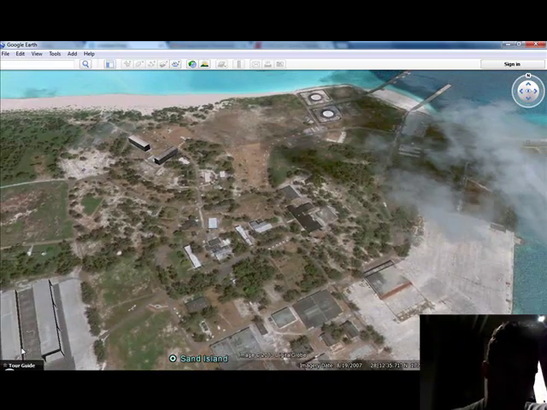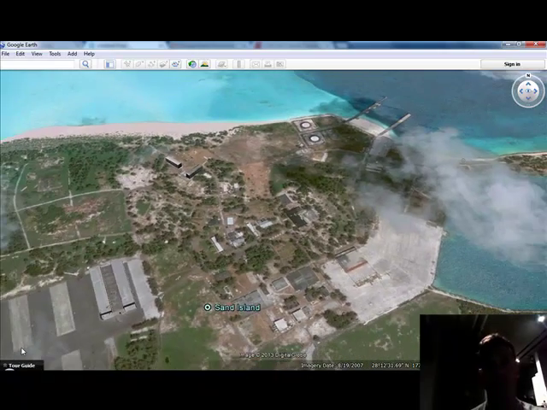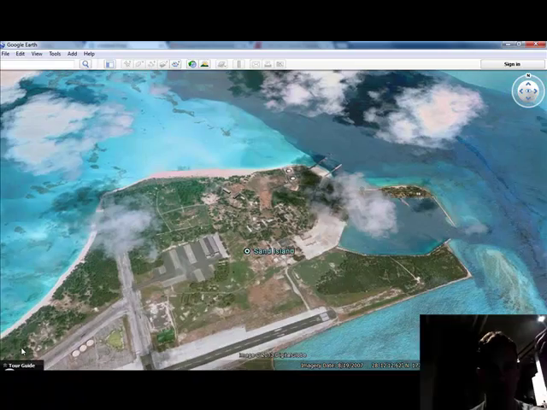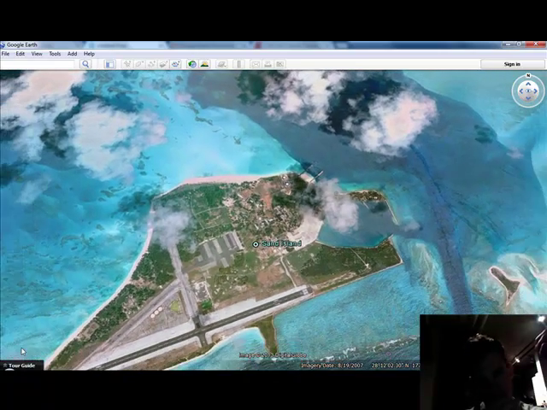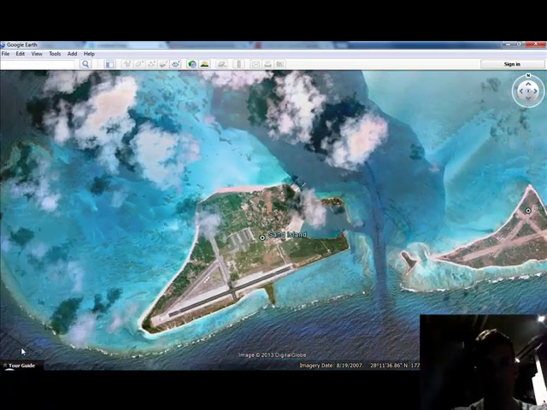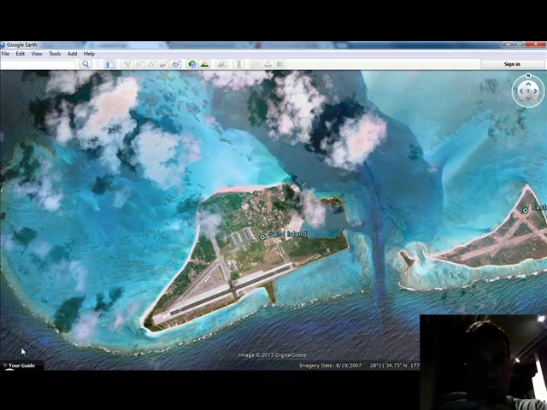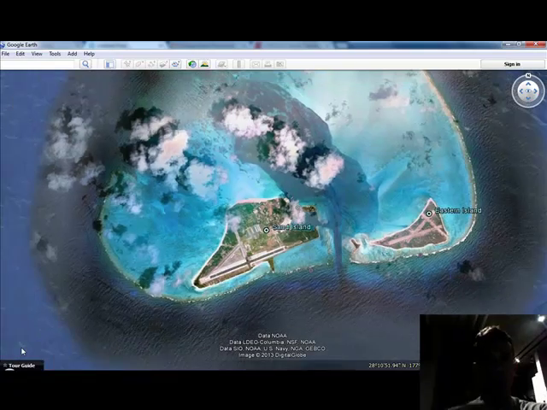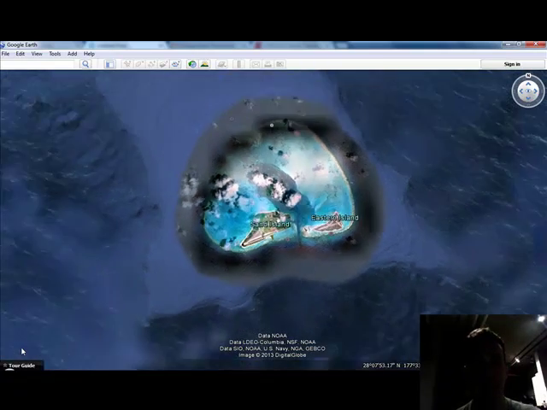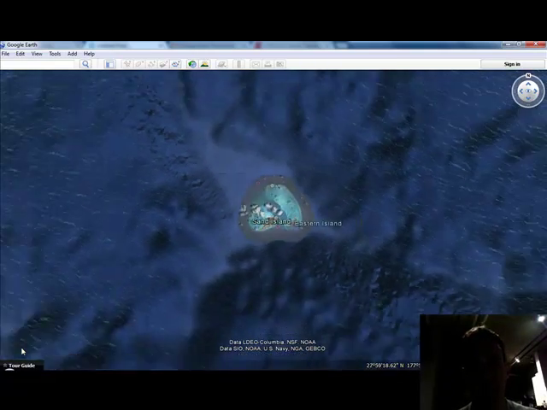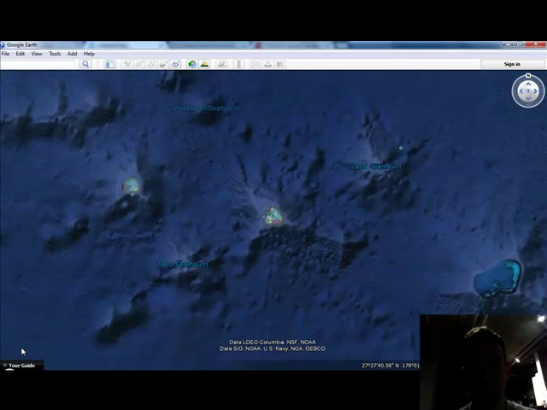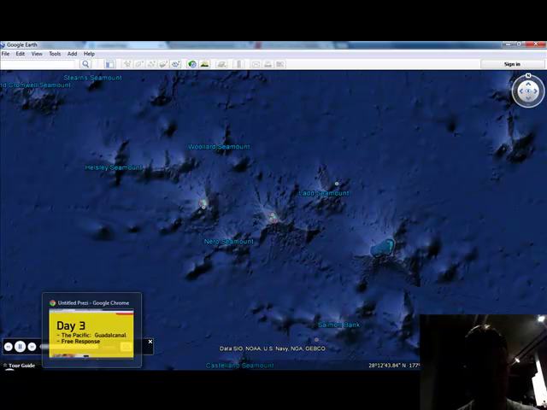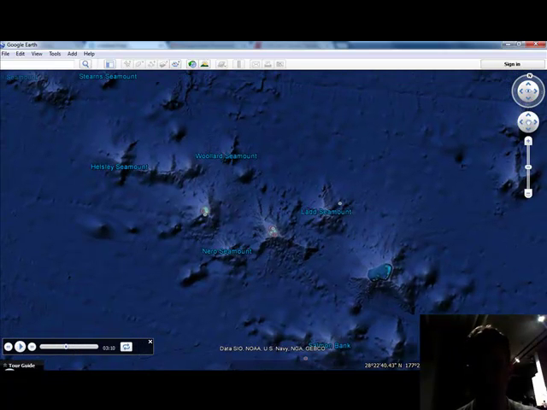There was a battle here, fought for an airstrip, and you can see the airstrip as we zoom out. A lot of the fighting in Japan was over islands like this, and it was for airstrips and ultimately air supremacy. So the idea is to get an idea of what these islands actually look like and the vastness of the Pacific, which I focus on a little more in my paper.